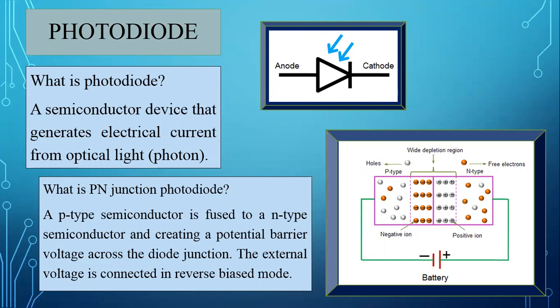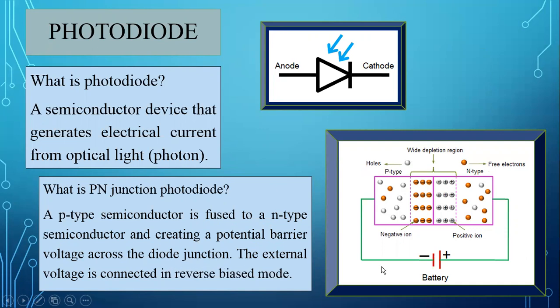There are a few different types of photodiode, but for this presentation, I would like to talk about the PN junction photodiode. So what is a PN junction photodiode? This is the most basic photodiode, where a P-type semiconductor is fused to an N-type semiconductor, creating a potential barrier voltage across the junction diode.